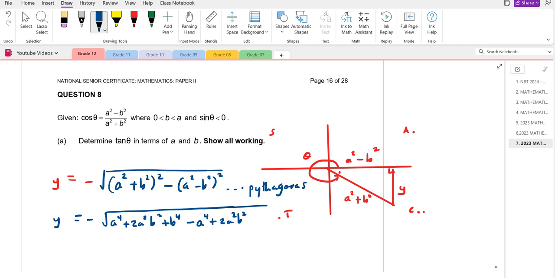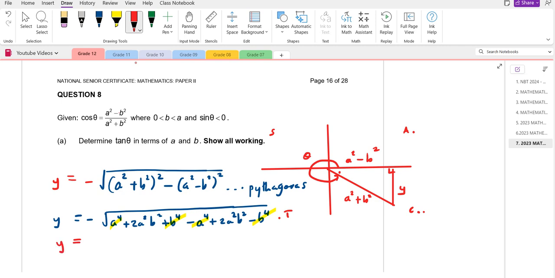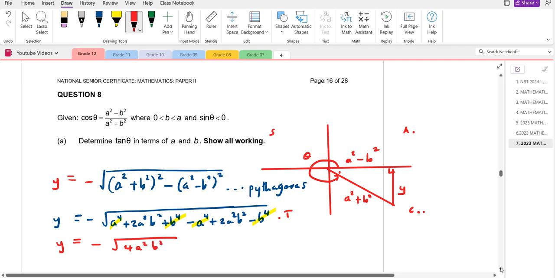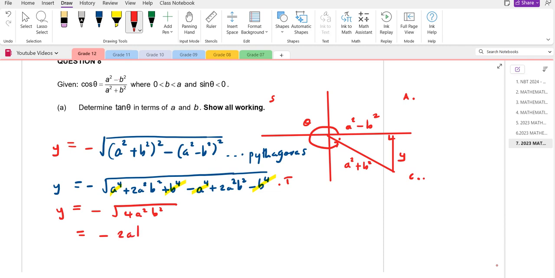And remember, this term in the bracket is going to be b to the power 4, so minus b to the power 4. So a to the power 4 minus a to the power 4 cancels out, b to the power 4 minus b to the power 4 cancels out. We got y is equal to negative square root of 4a squared b squared, which is basically equal to negative 2ab. So that's the value for y, which is negative 2ab.